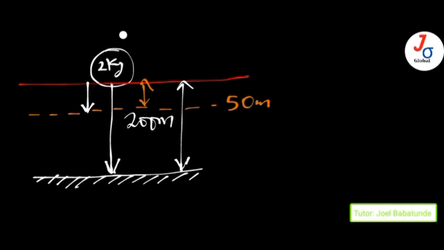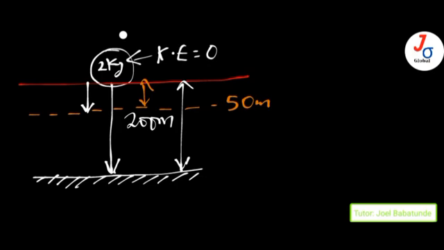Now, one thing you have to know is that the kinetic energy at the maximum point is actually 0. Why? Because at maximum, the velocity is 0, because the ball is at rest. The question said falling from rest, so the speed is 0.